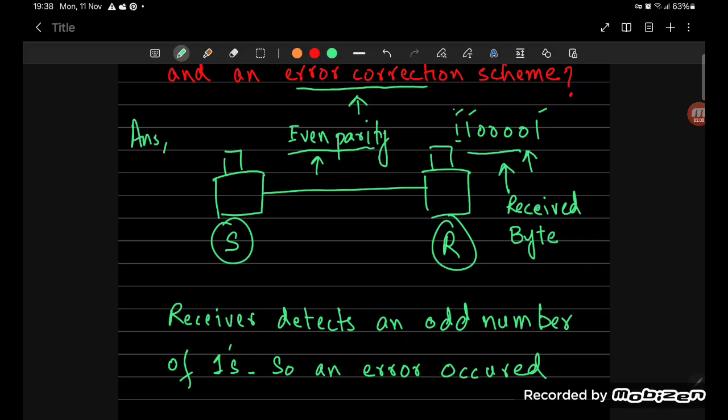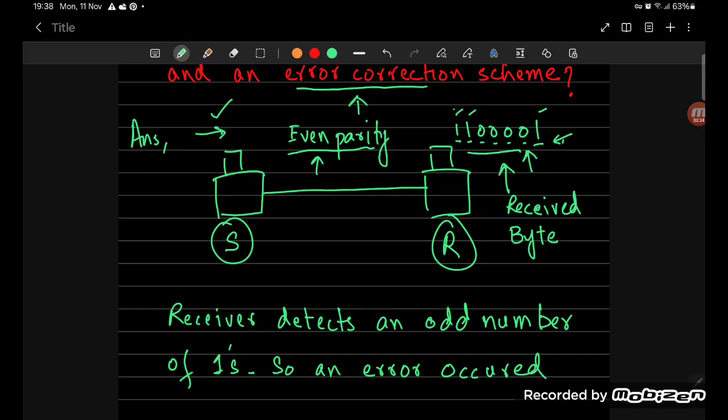Whether this bit got corrupted or this one, or which one of these bits? Is there any way that the receiver can tell? Unless the receiver knew the original value which was being sent from this side, there is no way that the receiver can tell which of the bits got corrupted.